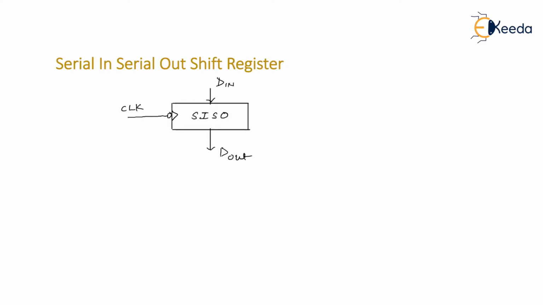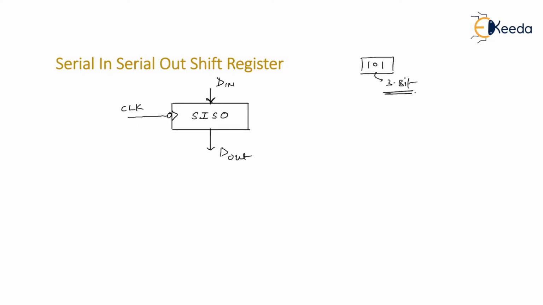So the first type is the serial in, serial out shift register. What does that mean? As you can see, there is only one input over here. On that single line, you can apply either 0 or 1. For example, if you have data, let's say 101, this is a 3-bit data.